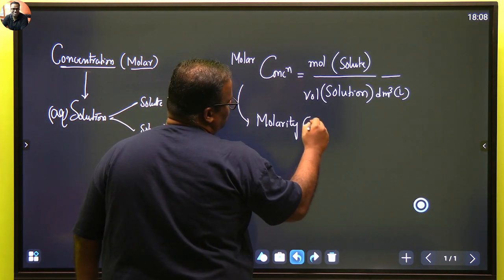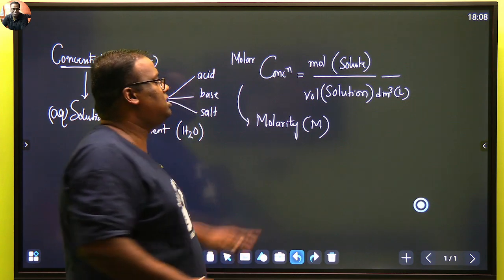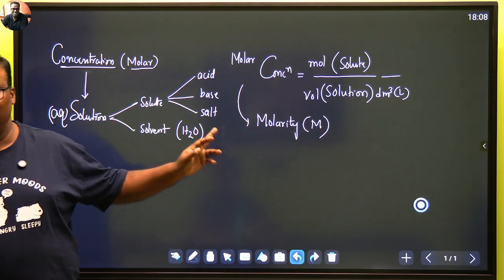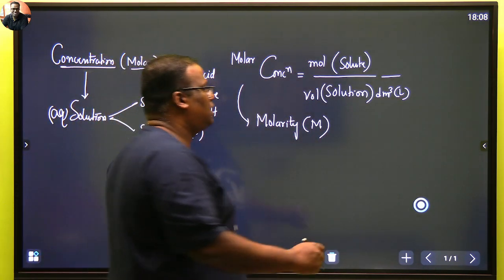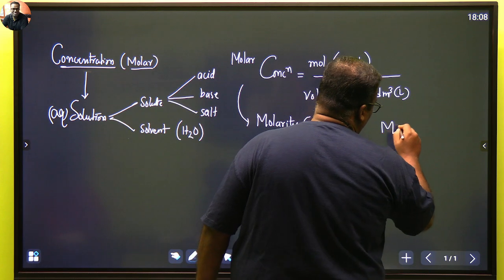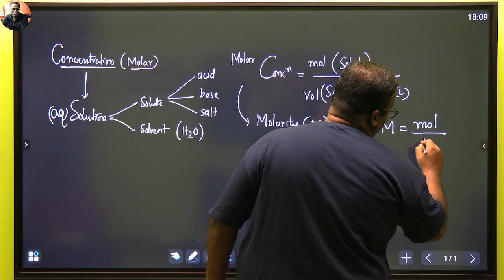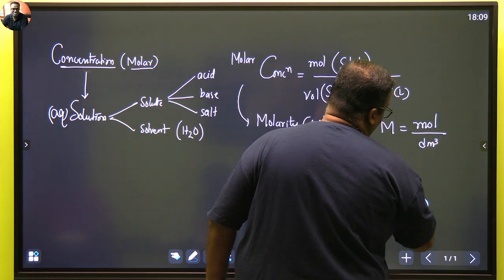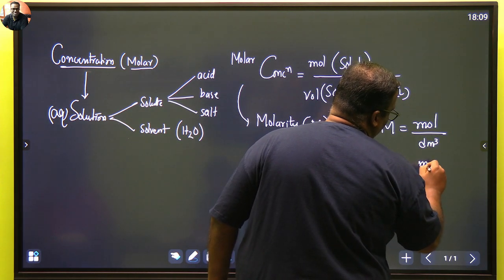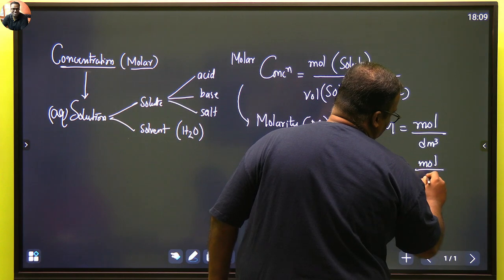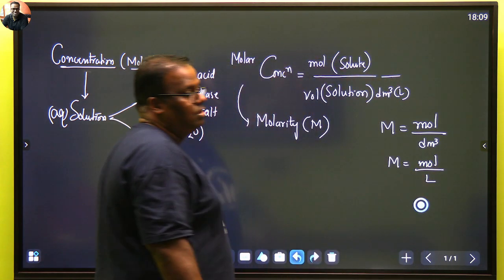Though you are not using the word, we denote it as capital M. Capital M stands for what, beta? Capital M stands for moles per dm cube, or moles per liter.